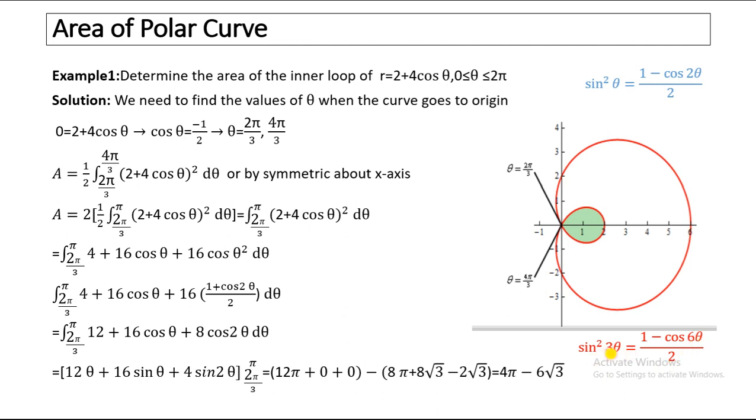Sine square 2 theta equals 1 minus cosine 4 theta over 2. Sine square half theta equals 1 minus cosine theta over 2. Sine square 8 theta equals 1 minus cosine 16 theta over 2. And so on. This is the rule.